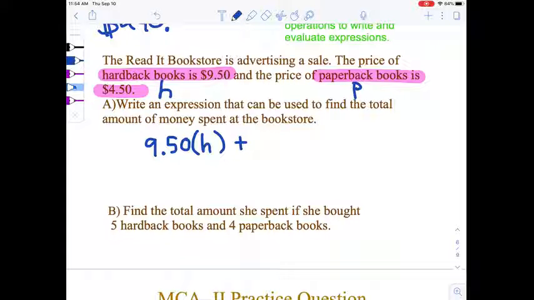And then I'm going to add that to my total of $4.50. And then I don't know that I'm just buying one paperback book. So I'm going to multiply that by the variable P, however many paperback books I buy.